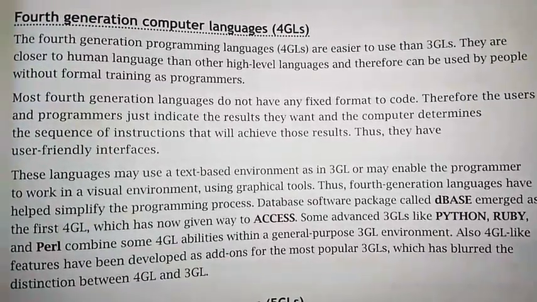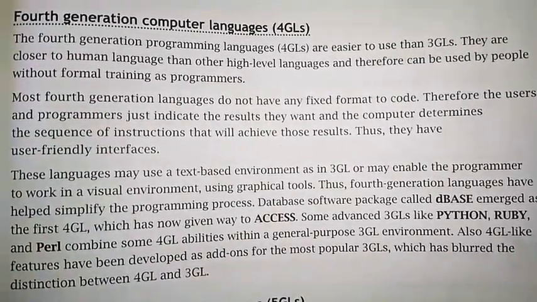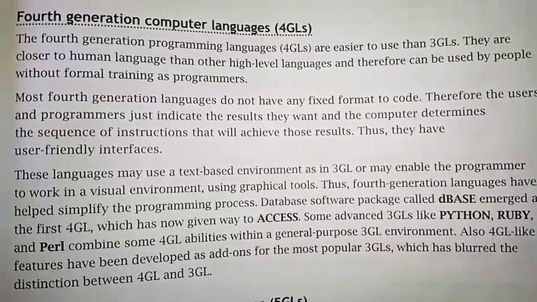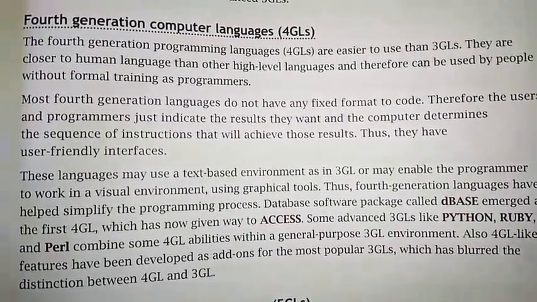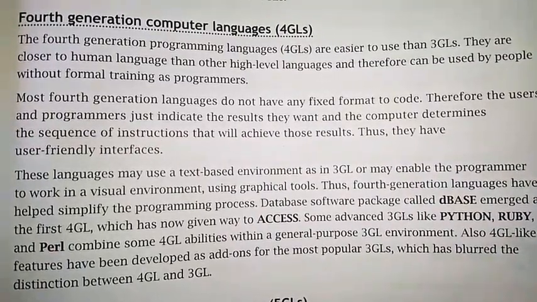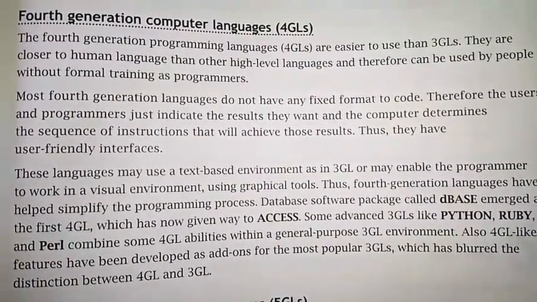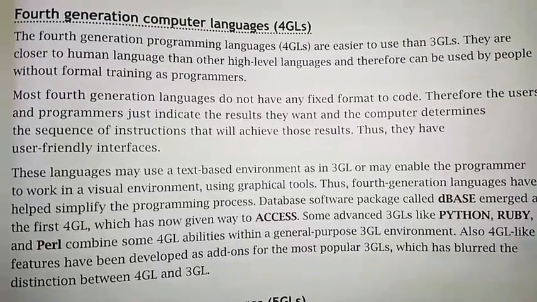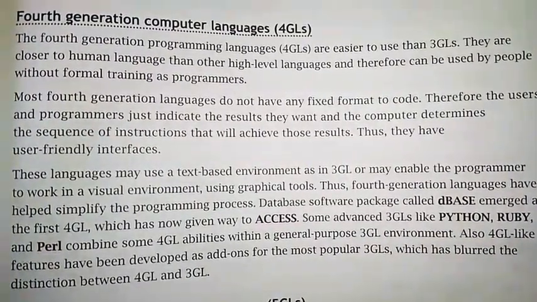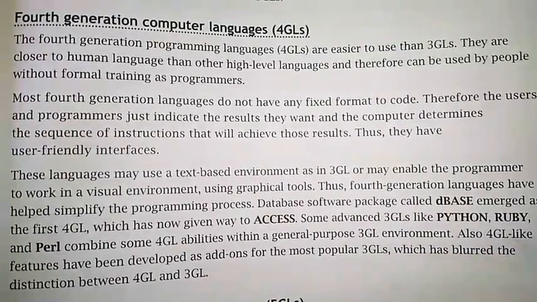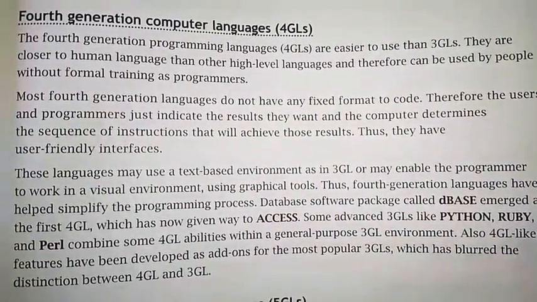These languages blurred the difference between 4GL and 3GL because they are advanced, so they can also be used in fourth generation computer language. These are examples like Python, Ruby and Perl, languages which we use in fourth generation computer language also.